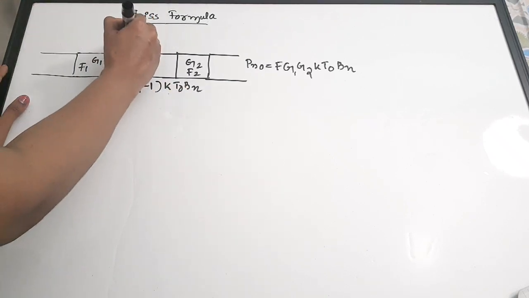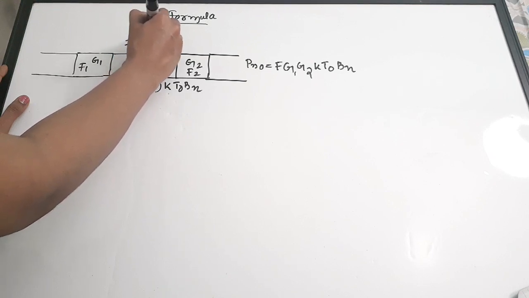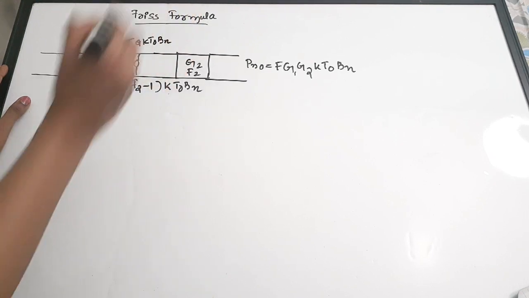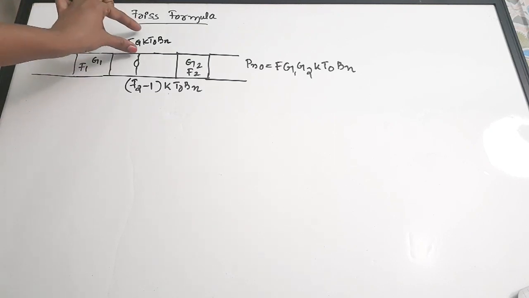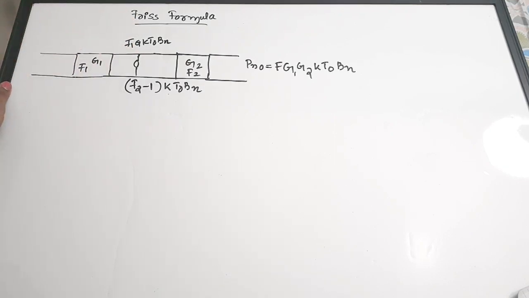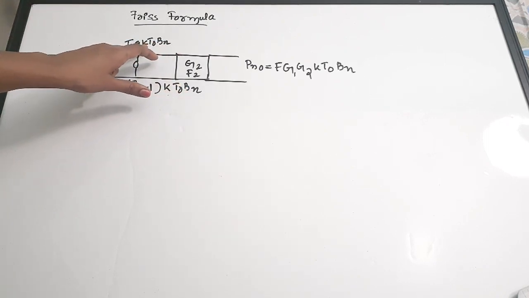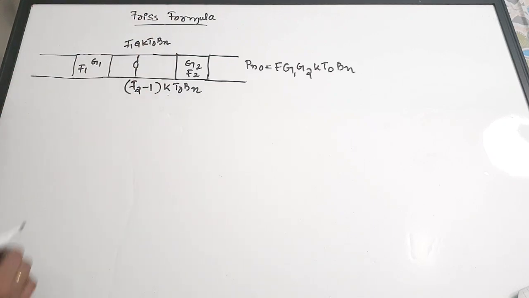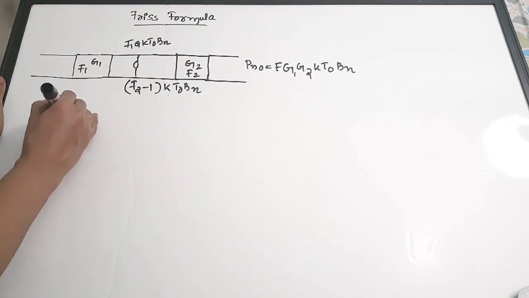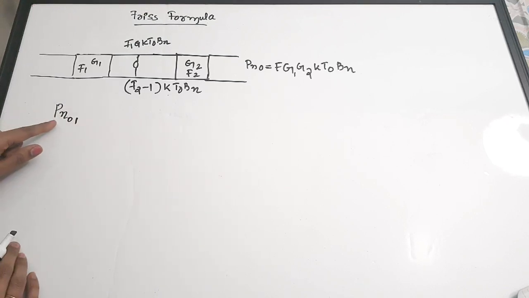So I'll write it here. This is the noise power F1 G KT0BN, and this noise power is at the output of the first stage. We'll put it as PNO1, that is the noise power at the output of stage 1.